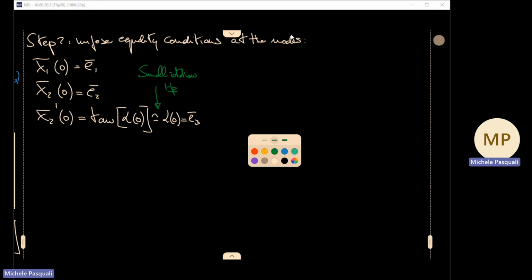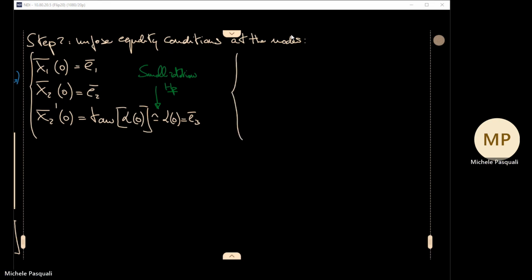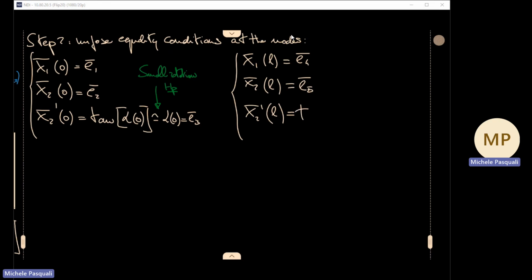And the same goes for the second node. So this is the first node, and this is the second node. So we have x1 over bar at L must be equal to E4, and x2 over bar at L must be equal to E5 over bar, and x2 over bar prime at L, which is the tangent of alpha at L, is pretty much equal to alpha at L, must be equal to E6.